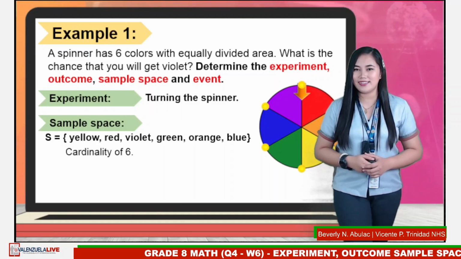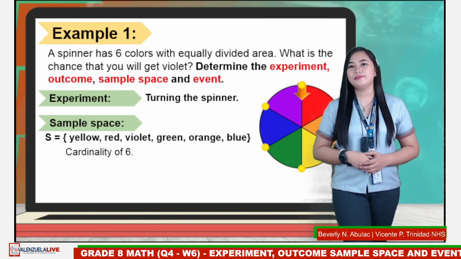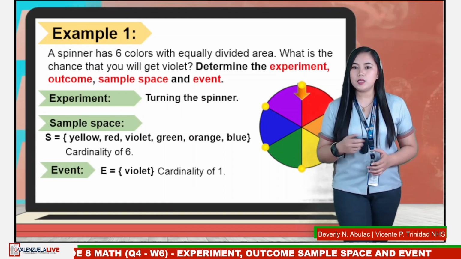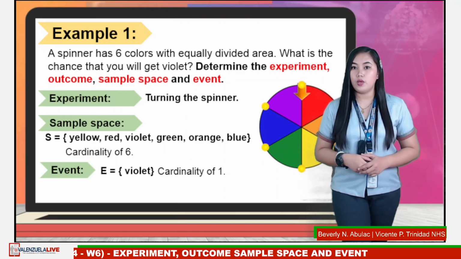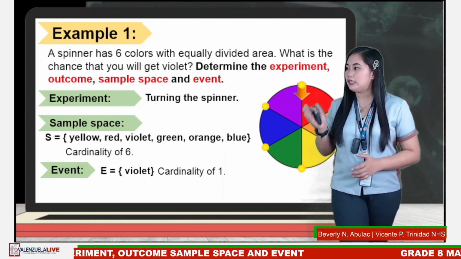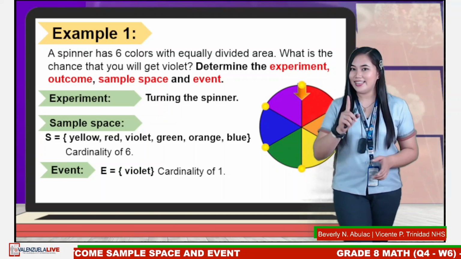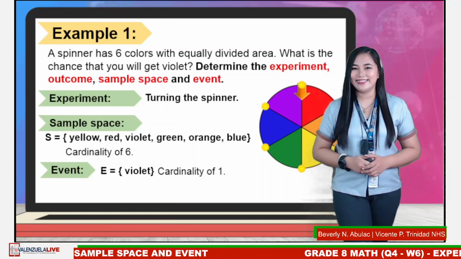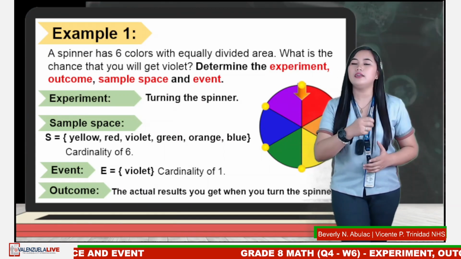Cardinality of 6. Next, what is the event? Since an event is the set of outcomes of an experiment to which a probability was assigned, our event here is E equals violet. Cardinality of 1. The outcome would be the actual results you get when you turn the spinner.